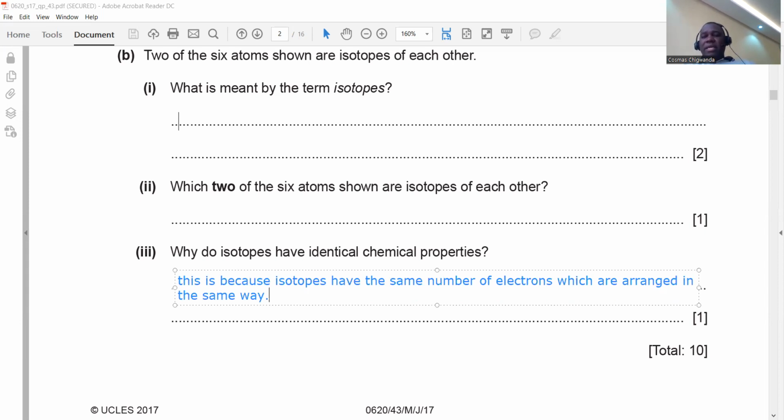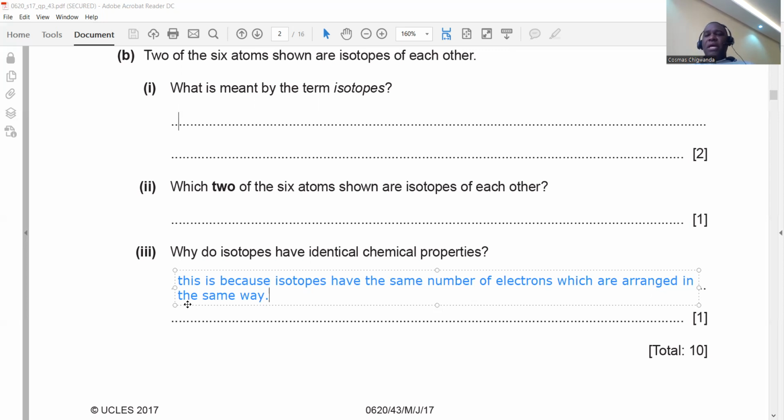The examiner here wants you to focus on electrons, because protons and neutrons are in the nucleus, and electrons are found in atomic shells and are the ones involved in chemical reactions. So chemistry mostly is about electrons. Either we are transferring electrons completely, and then we have ionic bonding, or we are sharing electrons, and then we have covalent bonding, or we have delocalized electrons, and then we are talking of metallic bonding.